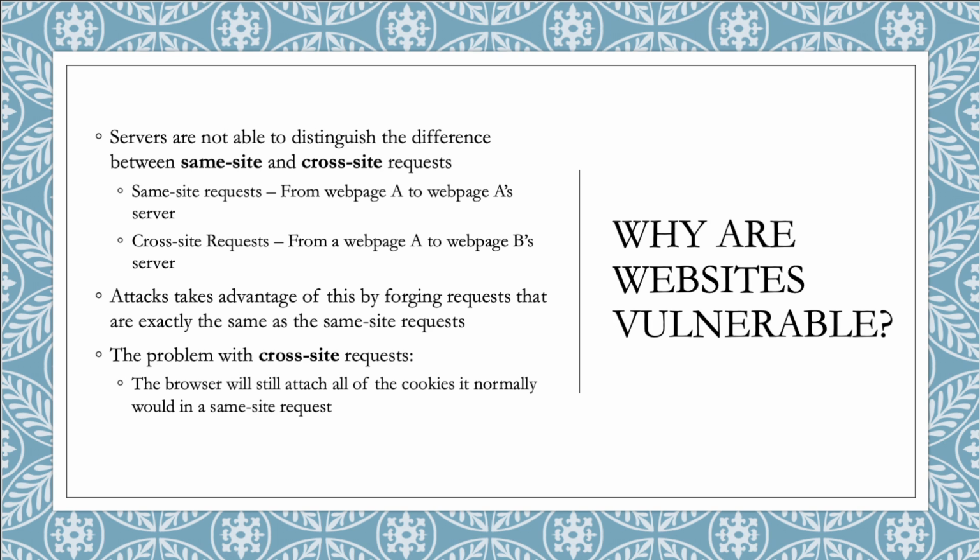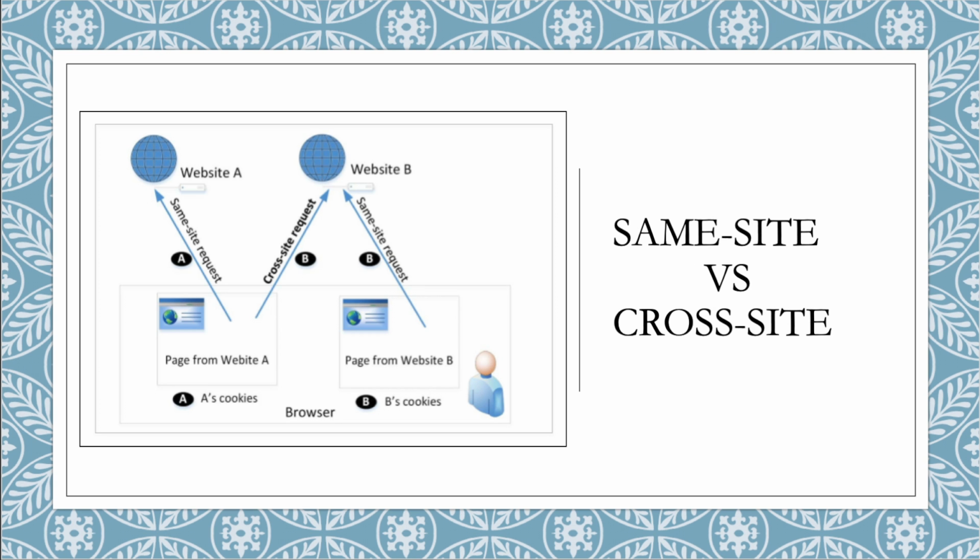So attackers can take advantage of this by forging requests that are exactly the same as a same-site request, even though it's really a cross-site request. And the problem with cross-site requests is that the browser will still attach all of the cookies it normally would in the same-site request. So here's a diagram that's just showing the differences between a same-site and a cross-site request between two different websites.